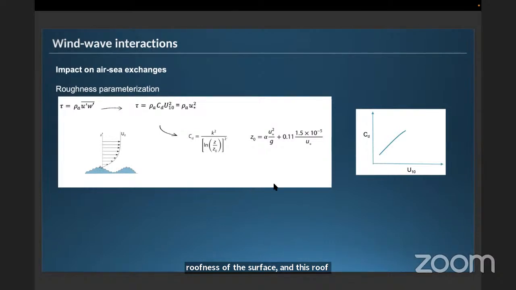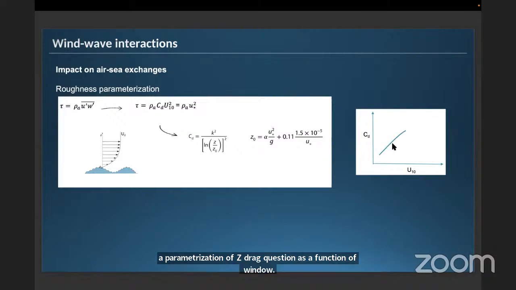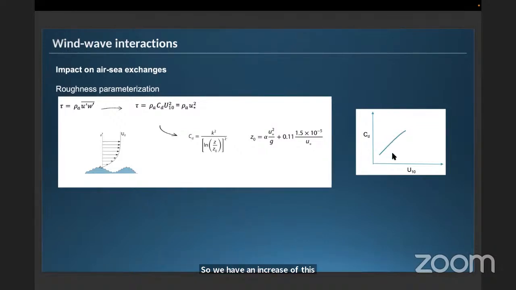So what we generally use in atmospheric models is a parametrization of this drag coefficient as a function of wind. So we have an increase of this drag coefficient with wind. But you can imagine at that point that it can also depend on waves and not just wind, as I said, since waves and wind are not all the time in perfect equilibrium, let's say.